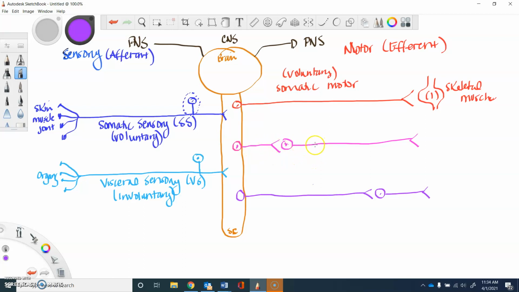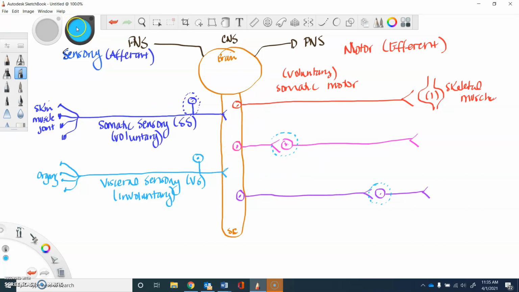Here's a neuron, here's a neuron, here's a neuron, here's a neuron. They still start in the spinal cord and then go out. So this area here and here is a ganglion, because this is where these cell bodies are. Over here would be a nucleus because it's within the central nervous system.